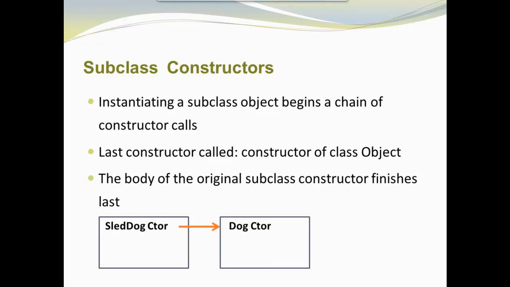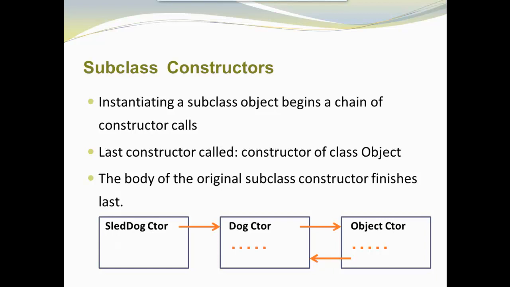Now the LetDog constructor calls as the very first task the Dog constructor, because Dog is the superclass of LetDog. Now the Dog constructor calls as the very first task the Object constructor. At this point Object finishes whatever statements it has to do in its constructor. When the Object constructor is completed, the control returns to the Dog constructor.